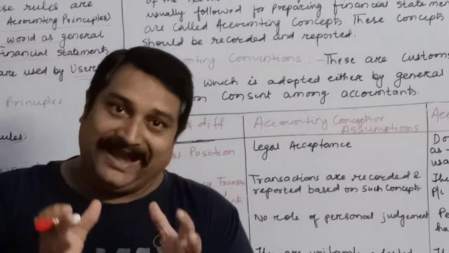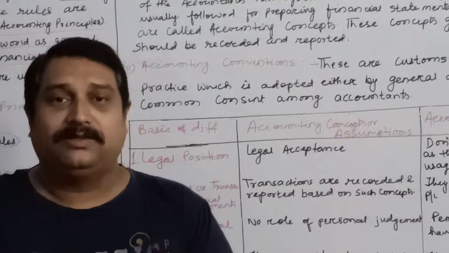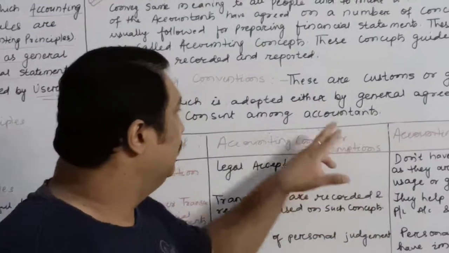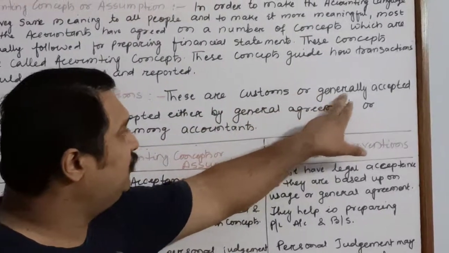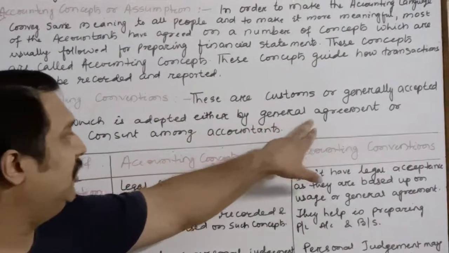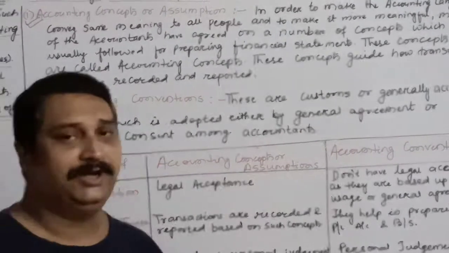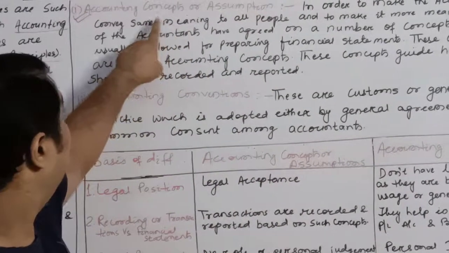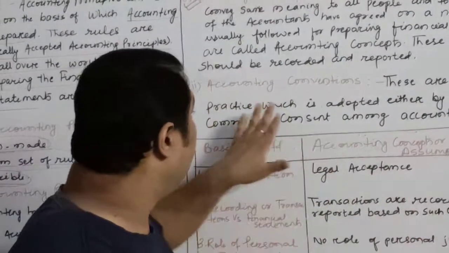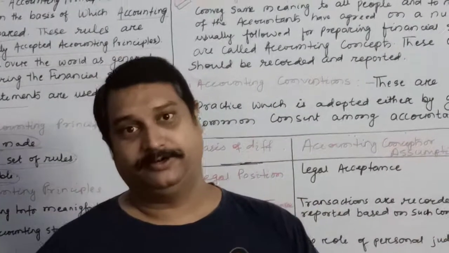They are based on consultation with people all around, especially the accountants. So these are customs or generally accepted practices which are adopted either by general agreement or common consent among accountants. So children, accounting concepts do not vary, whereas accounting conventions may vary from one organization to another.